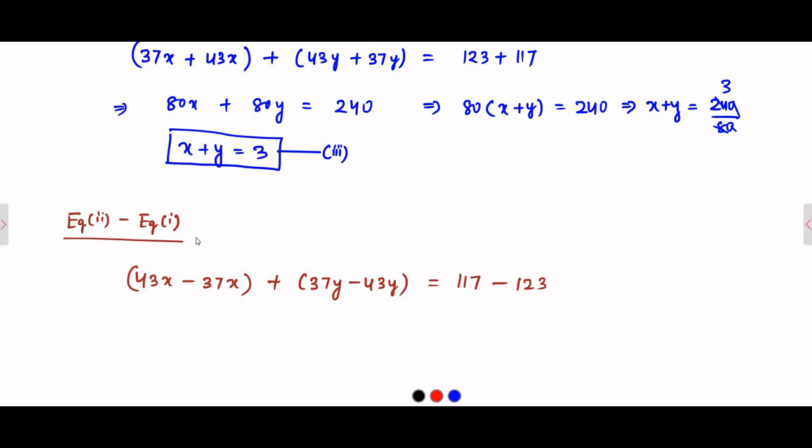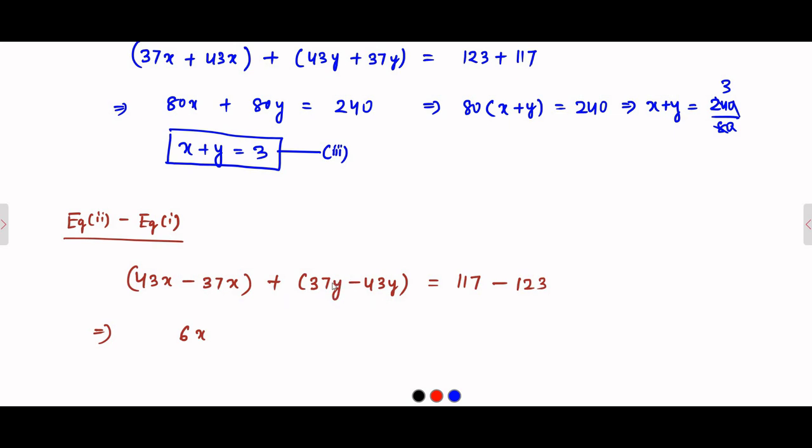Equation 2 is 43x plus 37y is equal to 117. Equation 1 is 37x plus 43y is equal to 123. We have subtracted equation 1 from equation 2. So we get 43 minus 37, that is 6x, and 37 minus 43, that will be minus 6y.